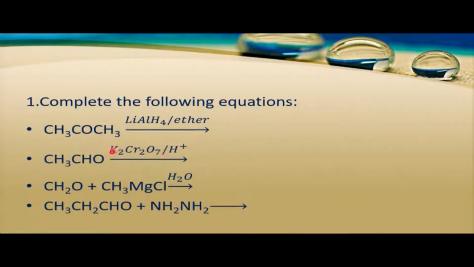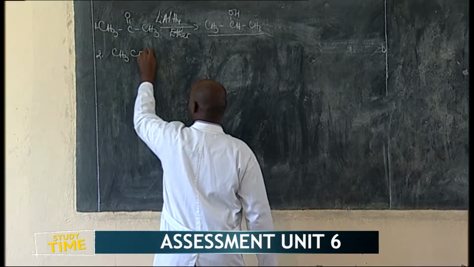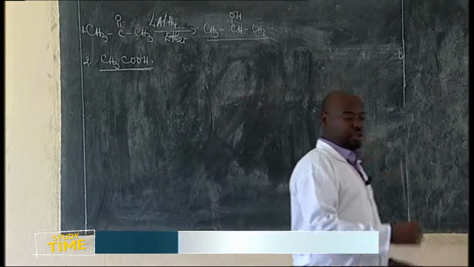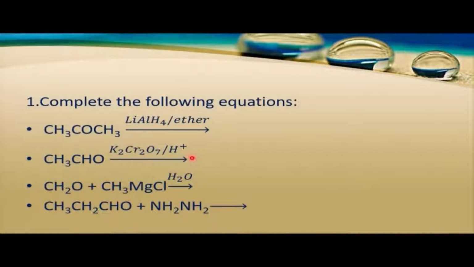What do we produce when we oxidize aldehydes? When aldehydes are oxidized, we always produce carboxylic acids. So the compound we produce here is CH3COOH.